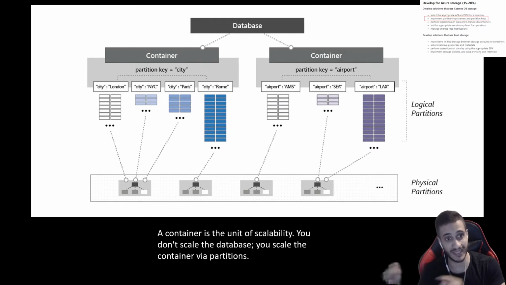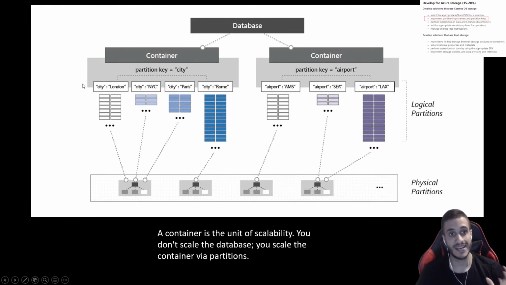And with that being said, the choice of which partition key to implement becomes a major design choice in your application, because this is going to significantly play a role in the performance of your database queries. Now, those logical partitions, which are defined by partition keys, are actually placed into different physical partitions, okay?